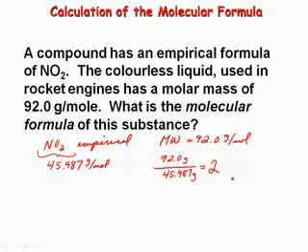And so all I'm going to do then is take the 2 and multiply each of the subscripts in the empirical formula by 2. So N2O4 is the compound that we're talking about. It has a molecular mass of 92, and it has an empirical formula of NO2.